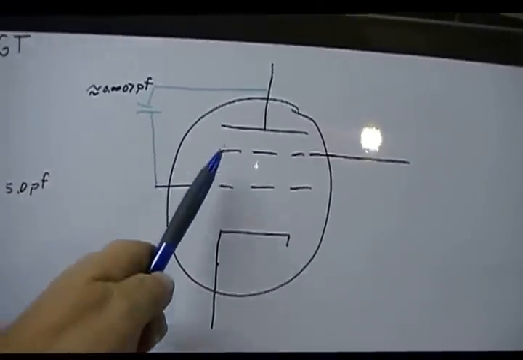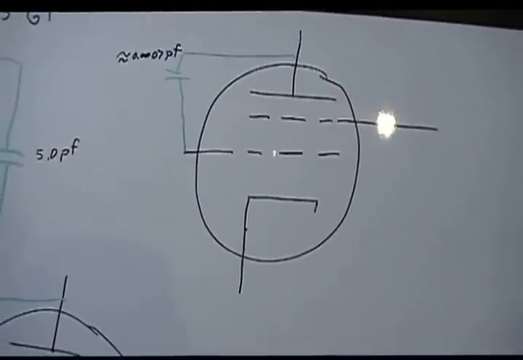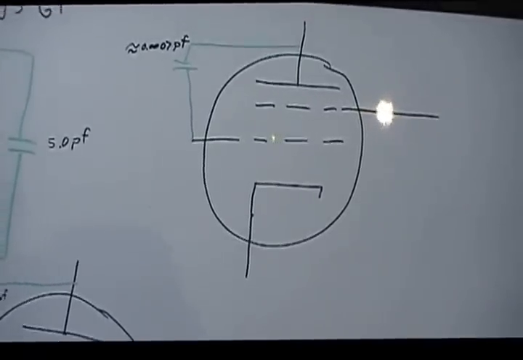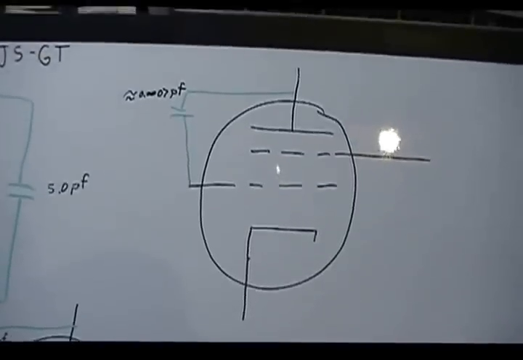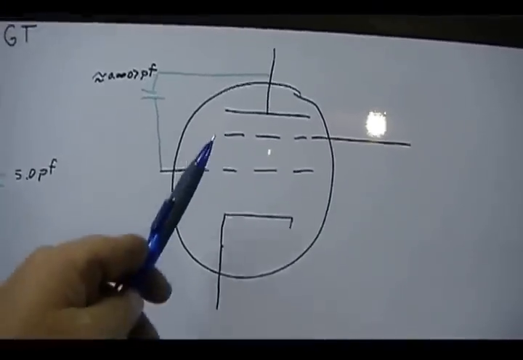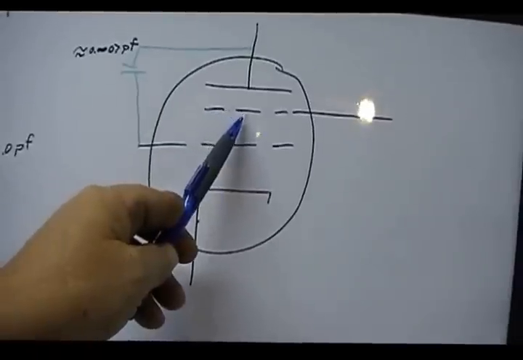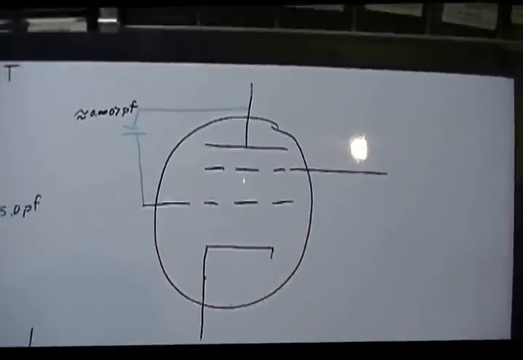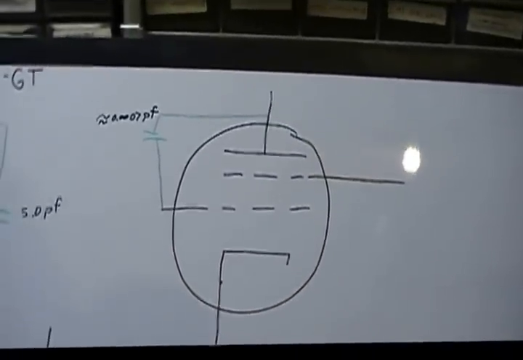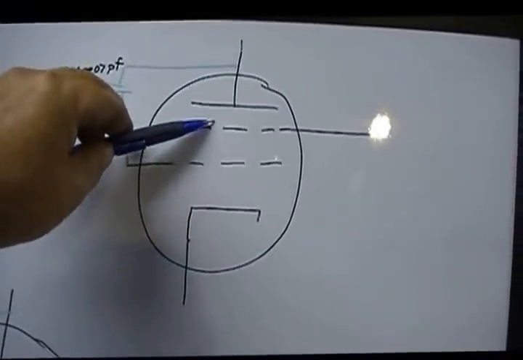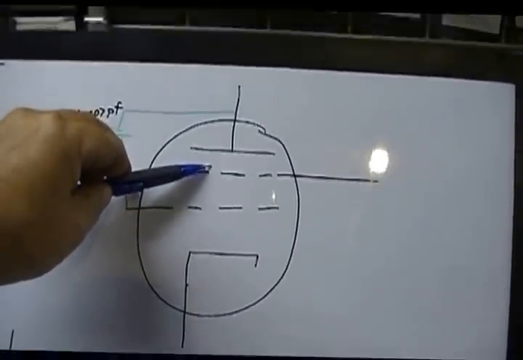Now remember, this is a grid. It's just another coil of wire, so it's not like a big major flat plate. They can easily pass it, and most do. There are some that bombard the wires, get stuck to it, and we have some screen grid current. But more than 90% of them make it past. As they do, they continue to accelerate.